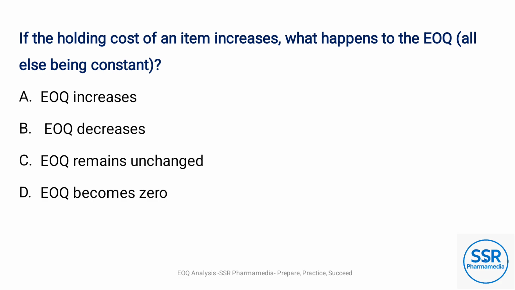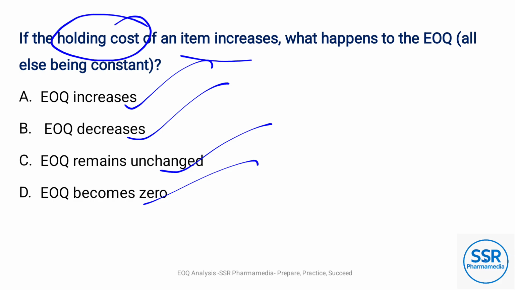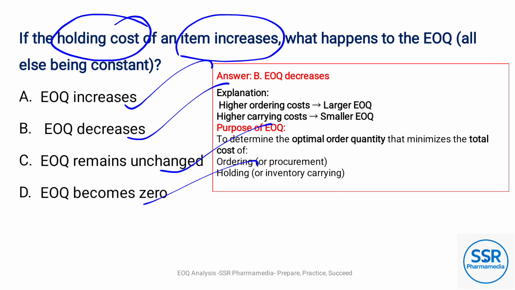Next question: if the holding cost of an item increases, what happens to EOQ, all else being constant? Option A, EOQ increases; B, EOQ decreases; C, EOQ remains unchanged; D, EOQ becomes 0. So if the holding cost of the item increases, the EOQ automatically decreases.